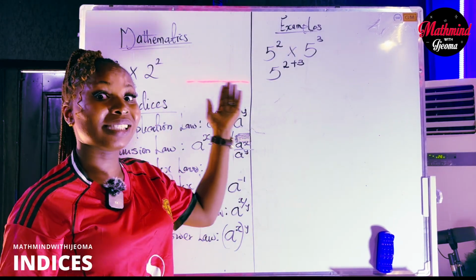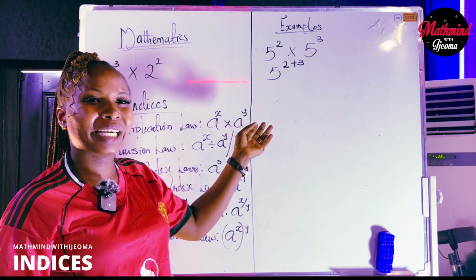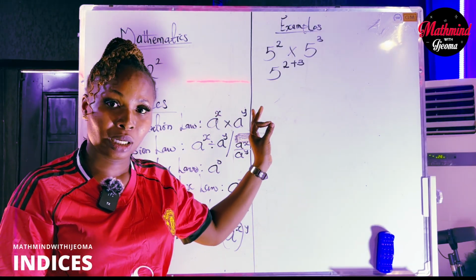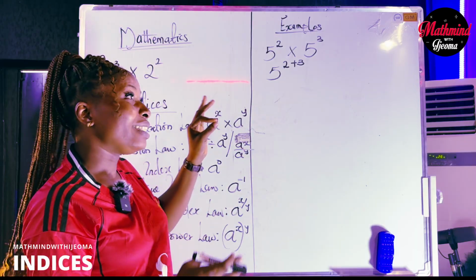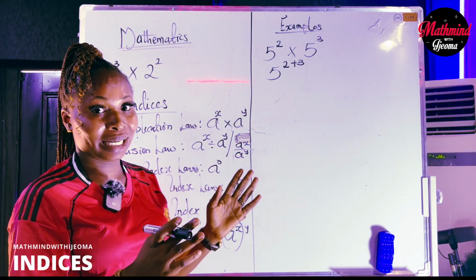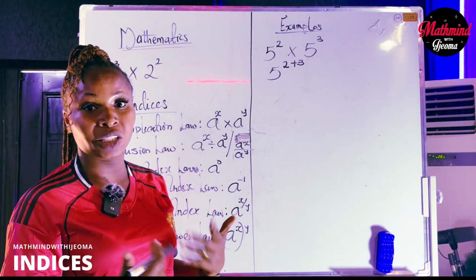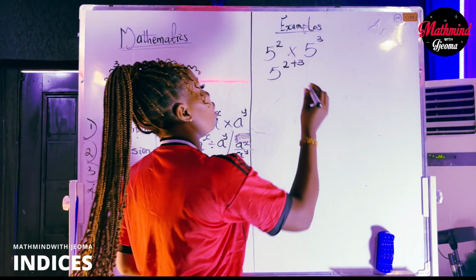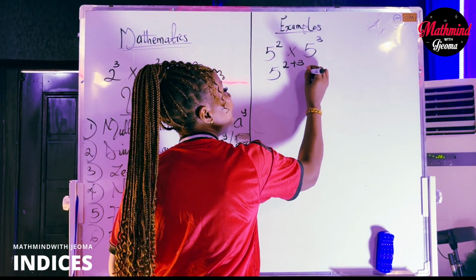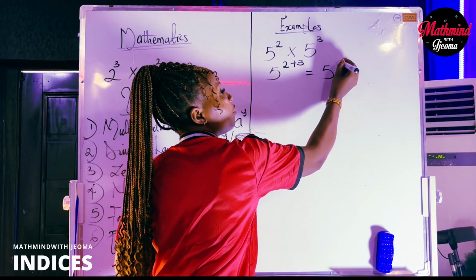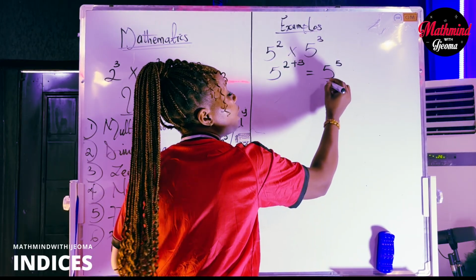Plus because it's multiplication. Multiplication is related to addition. That is why they are always going in line, because multiplication is like a repeated addition. So, if you have such a thing, you will be having 5 raised to power 2 plus 3, 5 raised to power 5.